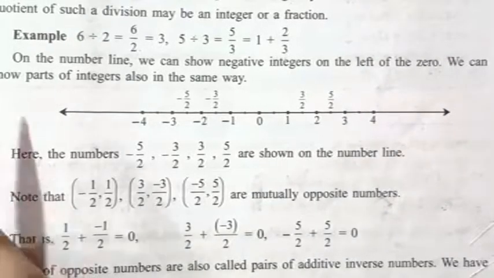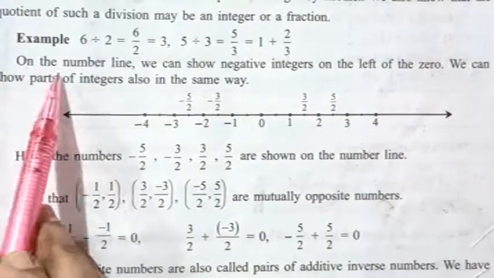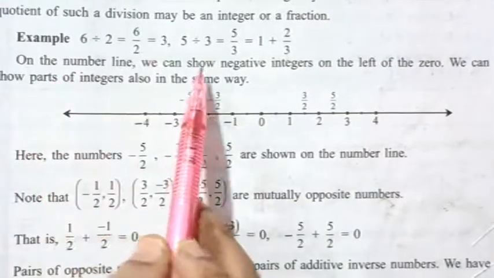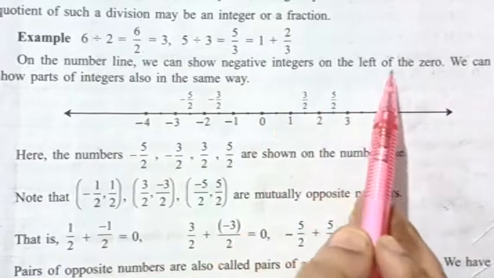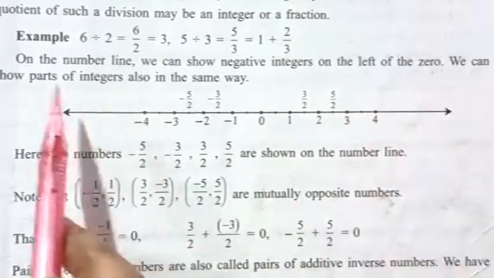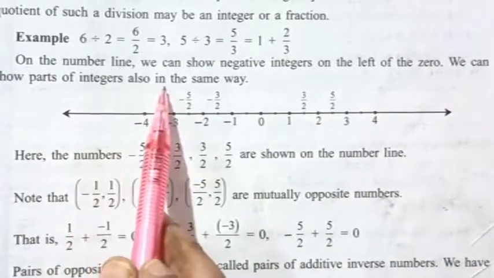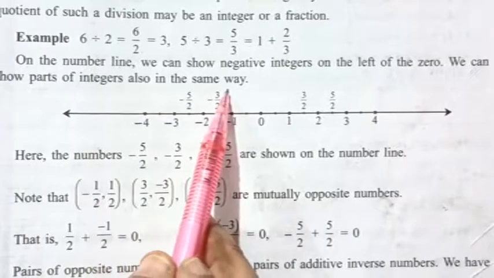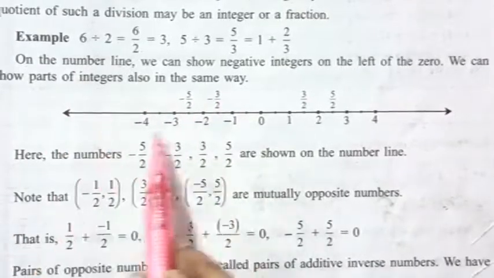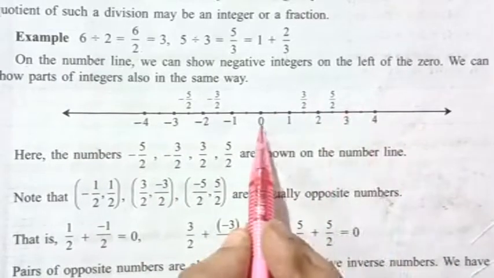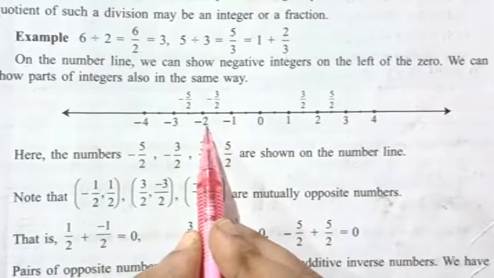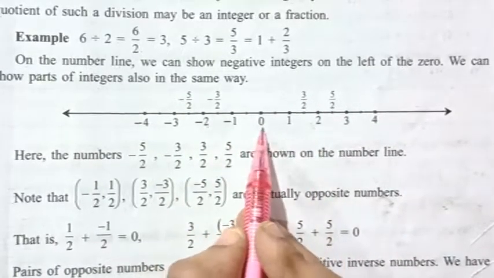Now next, what they have told is that on the number line we can show negative integers on the left of the 0. We can show parts of integers also in the same way. Now this is a number line, which has negative numbers, positive numbers and 0.